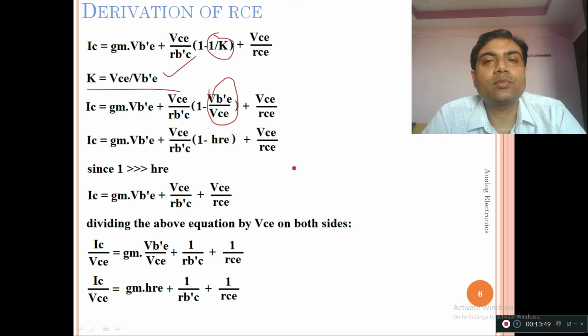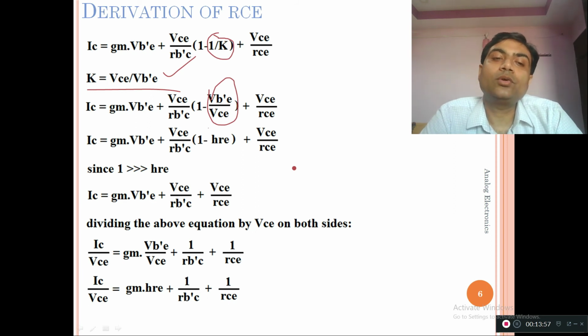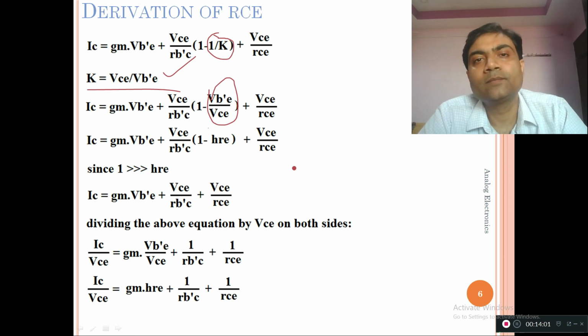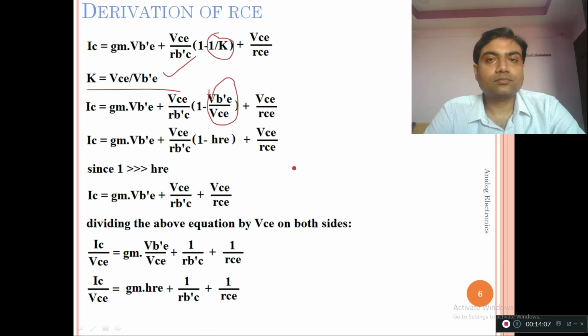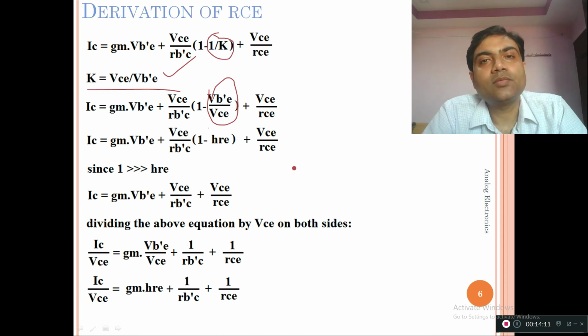Because 1 upon RB'C is a resistive component, and 1 upon RCE is also a resistive component. So if we are able to replace the value of GM and HRE in terms of the resistive components, then the equation looks similar and the equations can be analyzed in the same environment. So I am going to replace the value of GM and HRE in terms of resistances.